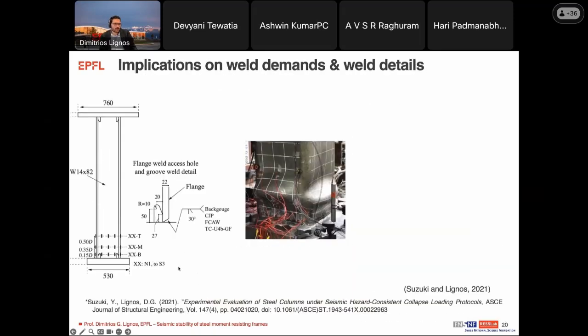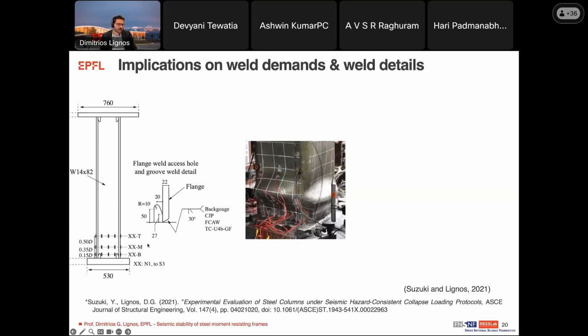With this in mind, we tried to look at several aspects related to column design as well as column performance. One of them, I guess it's a good thing, is that we monitored in some of these tests that I showed the performance of welds near the base location.